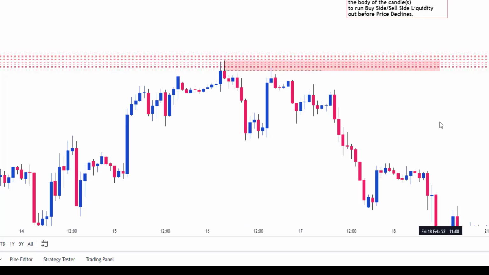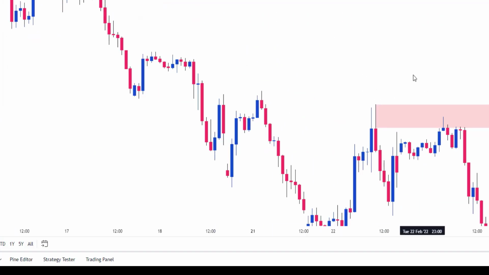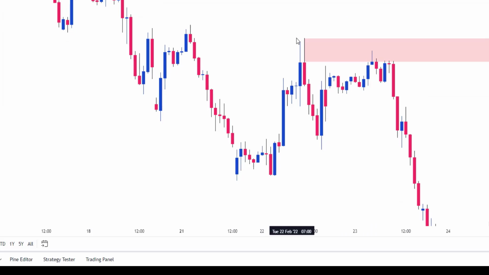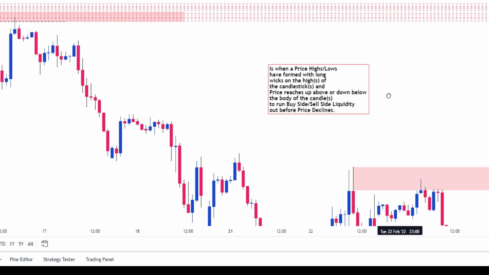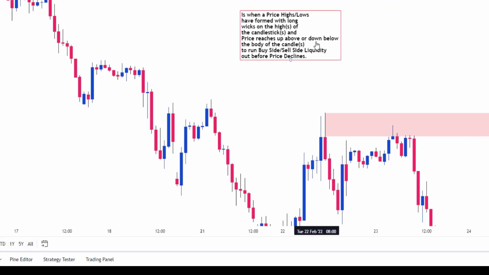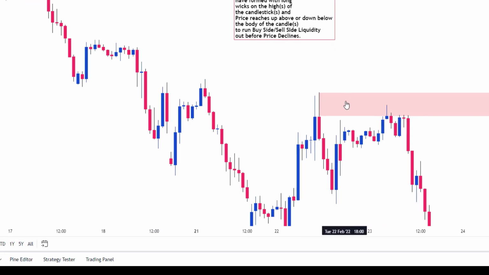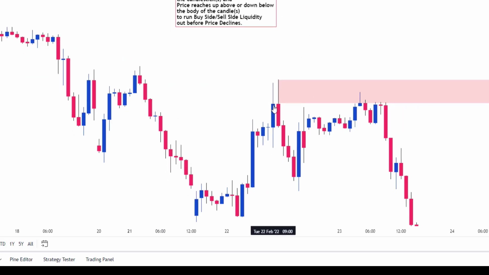All right, let's see more examples. I have another one right here. When you see price action with, what did ICT say, with long wicks on the highs or the lows of the candlesticks, you can actually see it. And then price trading above the body, this is the bodies of the candle right here. Price trading above it and quickly gets rejected.